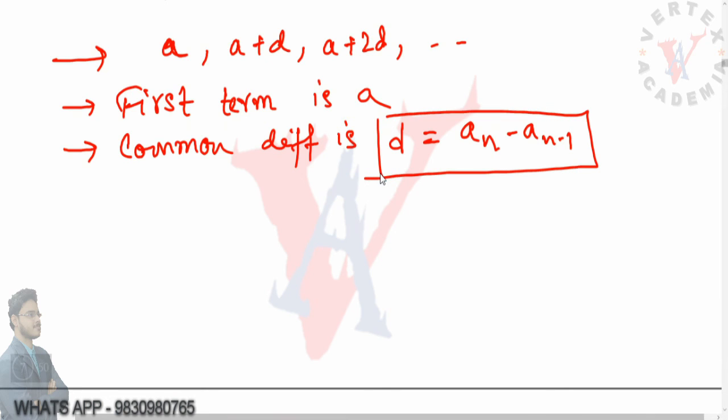So I hope this is clear. These are the basic concepts regarding AP. In the next lecture we will do a few sums, like 1 or 2 sums, maybe 3 sums, on just basic concepts of AP.